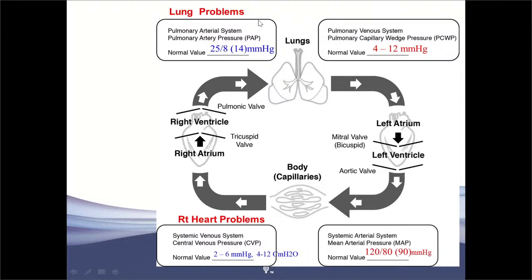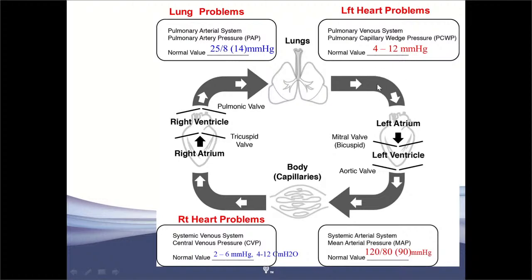All right. Come over here to the pulmonary capillary wedge system. And if I've got a pulmonary capillary wedge system problem, that is a left heart problem, because basically that's being measured right over here towards the left heart. All right. So the pulmonary artery is being measured here, okay? But the wedge pressure is actually being looked at all the way over to this side of the lung, okay?